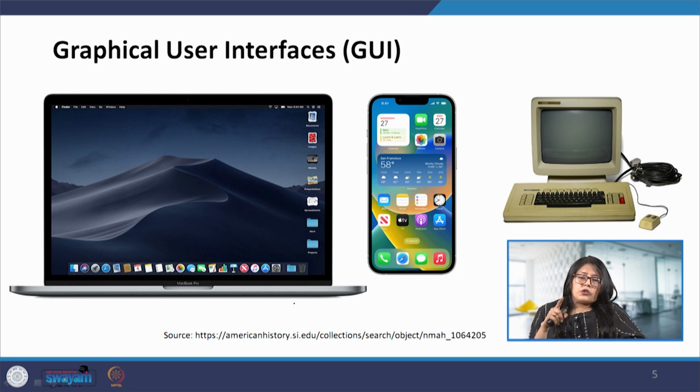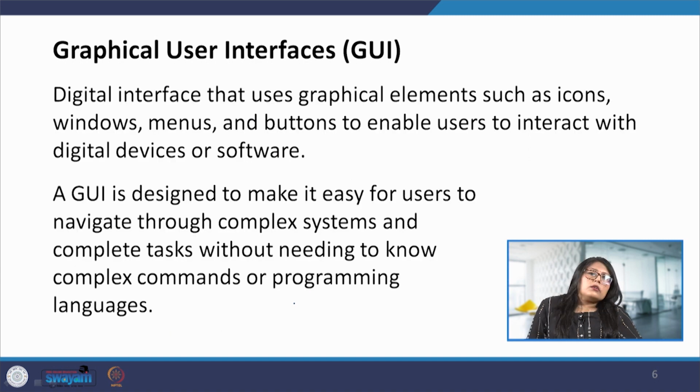So, we can see that how it was an inspiration for the current GUIs that we are using. So, the graphical user interfaces, they typically use icons, windows, menus and buttons which allow the user to interact with the digital device or the software.